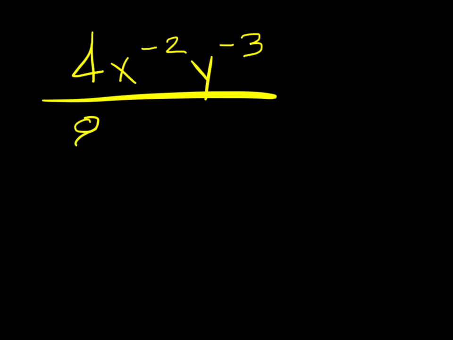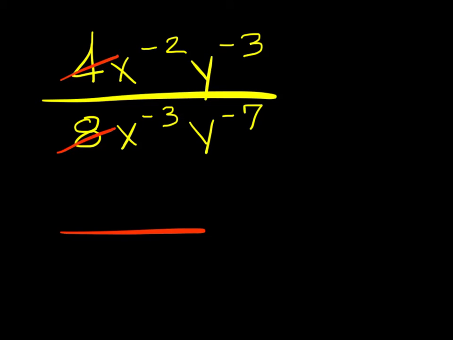Here's an example. 4x to the negative second, y to the negative third, over 8x to the negative third, y to the negative seventh. In this case, you're going to have to flip stuff after you simplify. So 4 and 8, that will cancel out to a 1 over 2.